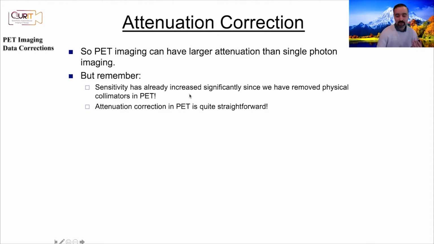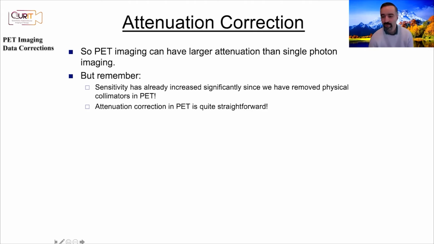So even if your attenuation is somewhat more, you're gaining 2 orders of magnitude in sensitivity, so it's definitely not a concern in that sense. And also, it turns out that attenuation correction in PET is quite straightforward. Even though you're losing signal, and that's not a great thing, correction for it turns out to be quite easy.